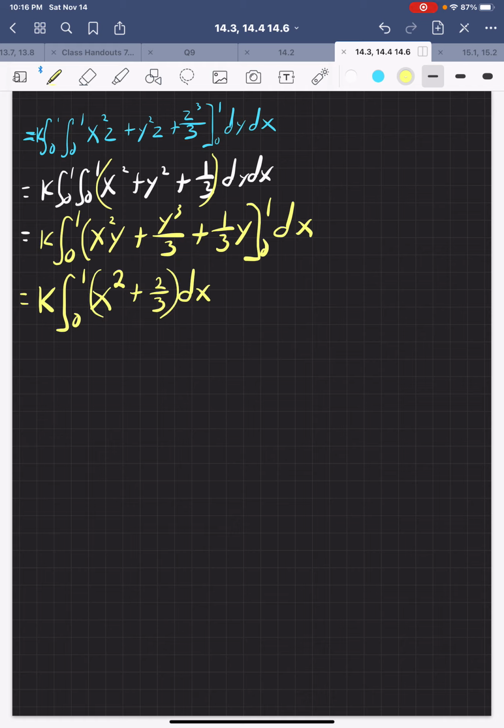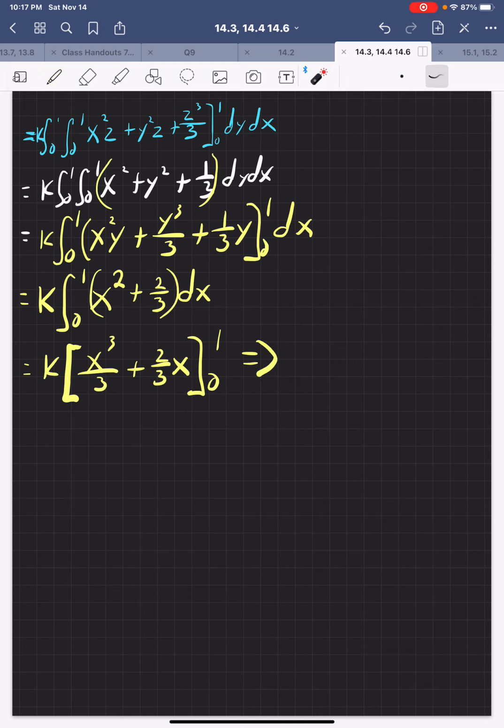All right, and let's finish it. So now we have the last round of integrating with respect to x. So that's x cubed over 3 plus 2/3 x. One more round of subbing.